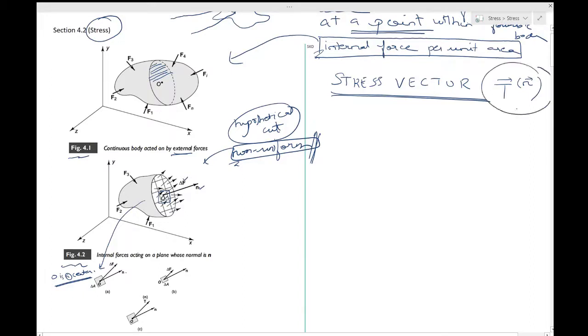Now in your textbook you have T and n as a superscript in bold, not with an arrow, but as I have already discussed, I'll be showing you with an arrow because it's hard for me to boldify a symbol. So this is the stress vector acting at O on a plane whose normal is n passing through O.